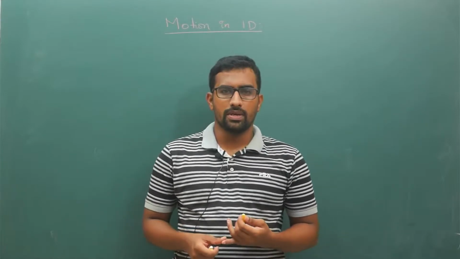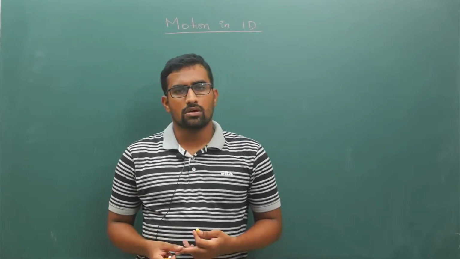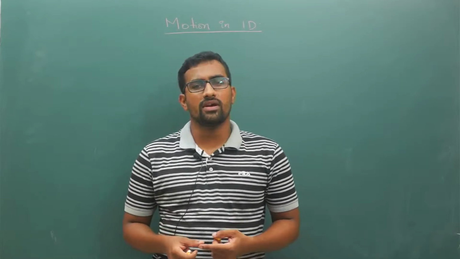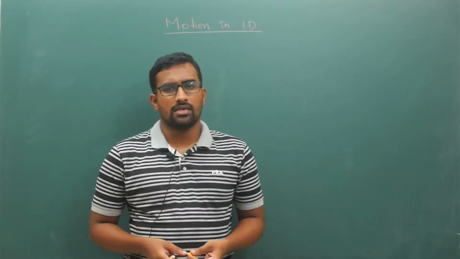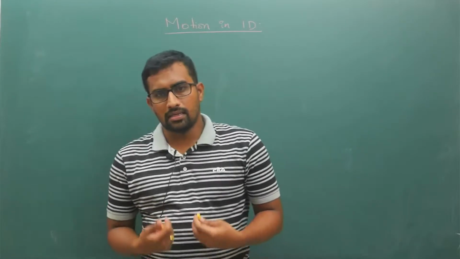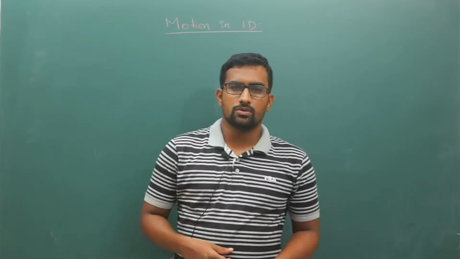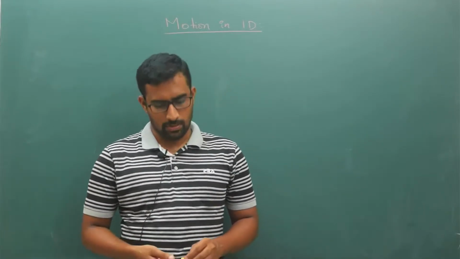You talk of speed, you talk of velocity, you talk of acceleration, you talk of time. Like this you will actually define different quantities. So all those different quantities we are going to define, and then we are going to apply them to the equations. Okay, so first we will only do the basics part.